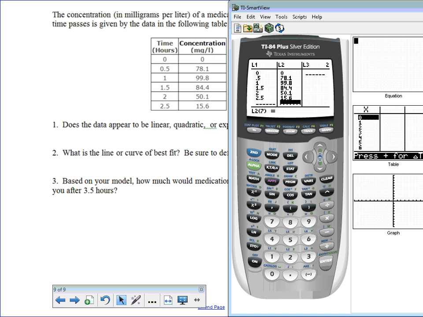Now, the data is in the calculator. But if we want the calculator to display it, we need to ask it to. So we would go up to stat plot, and we would make sure that the plot is on, and that right here we have the scatter plot selected.